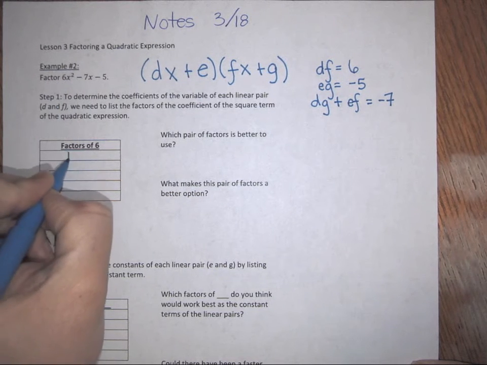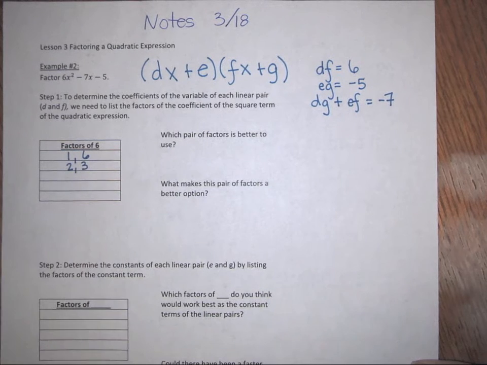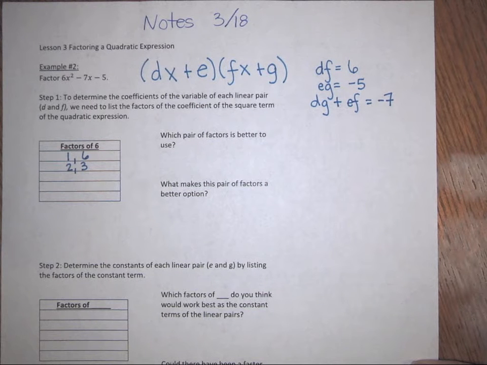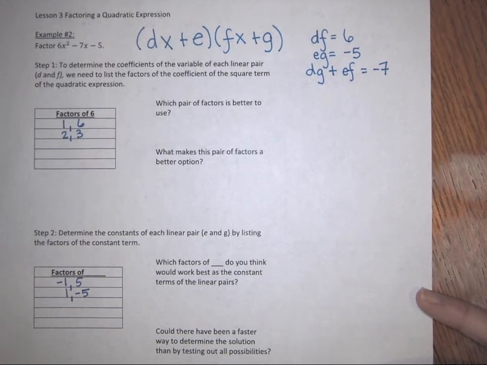So factors of 6, we have 1 and 6, 2 and 3. It's not too bad. For our factors of -5, we have -1 and 5, 1 and -5. So in this case, we won't have as many possible pairs. I want you to think about and maybe take a guess for yourself which pairs you think are a better choice.